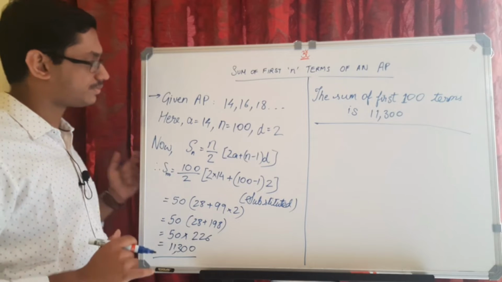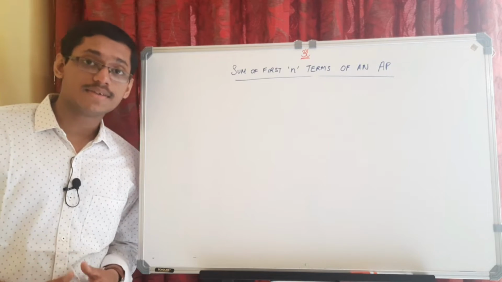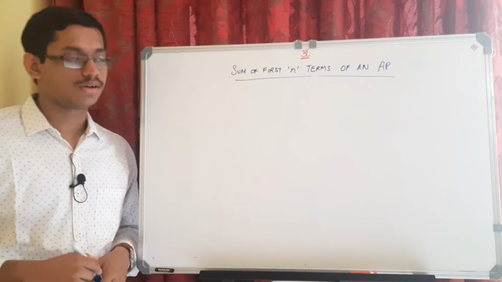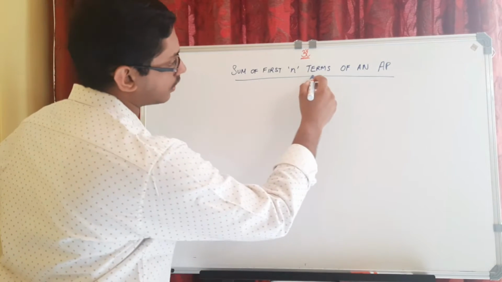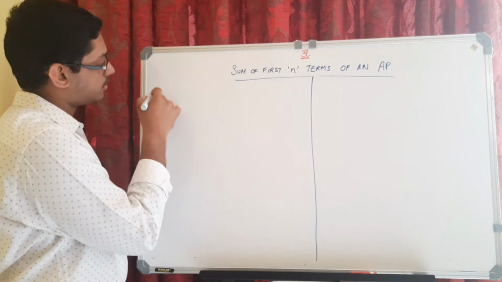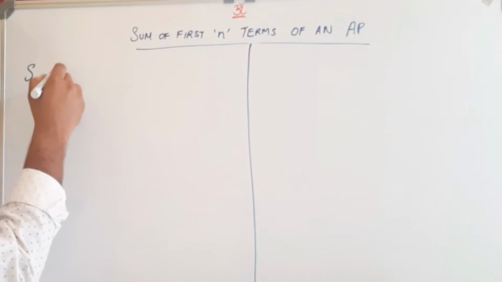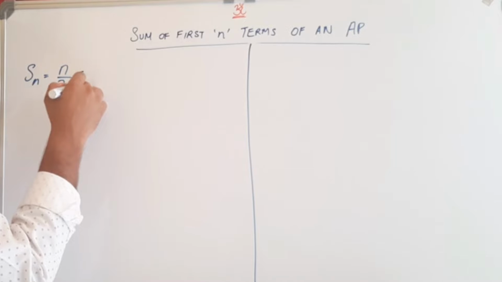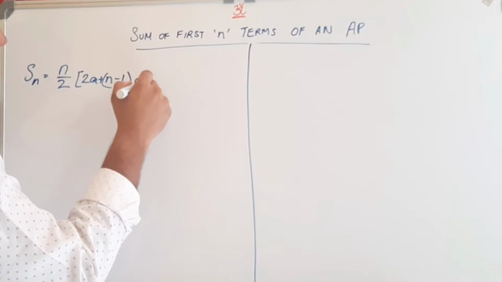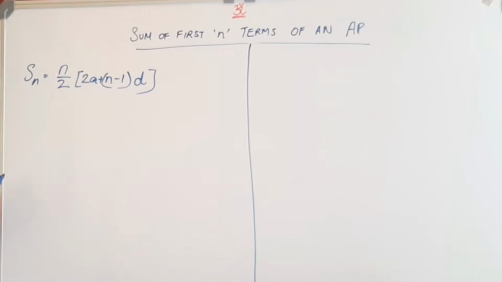Okay, 2 marks. Now we can derive a new formula from the sum of first n terms formula. Let's see how. See, we know the formula of sum of n terms, which is Sn is equal to n by 2 times (2a plus (n minus 1) d). Now what manipulation can we do?